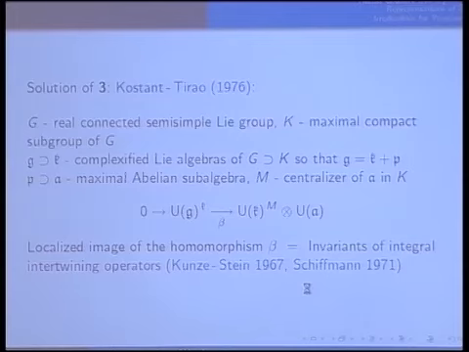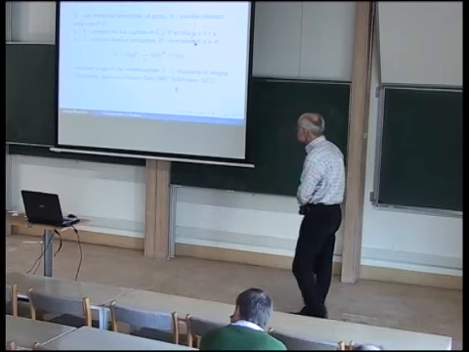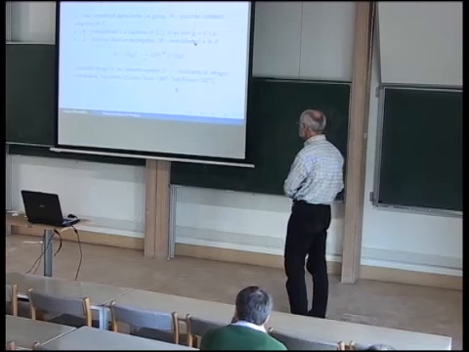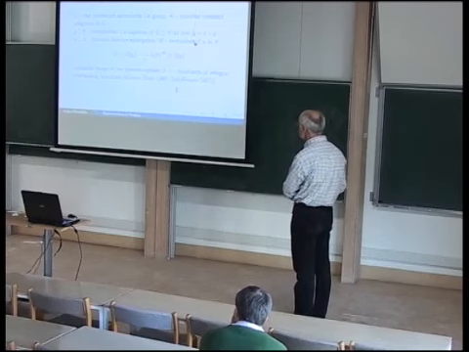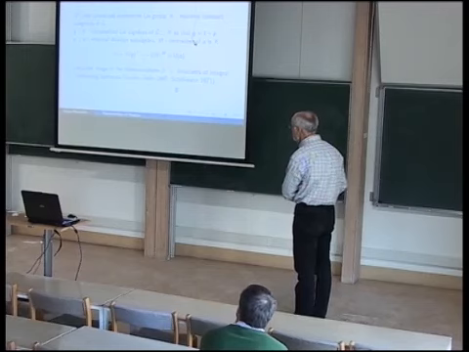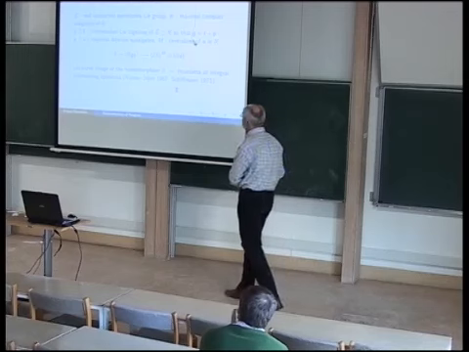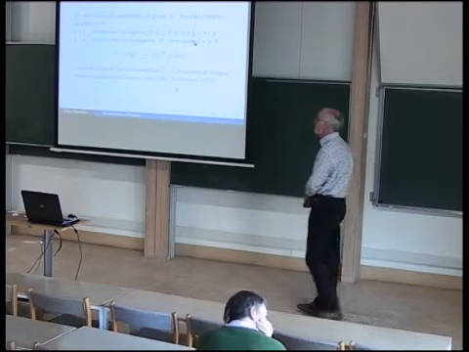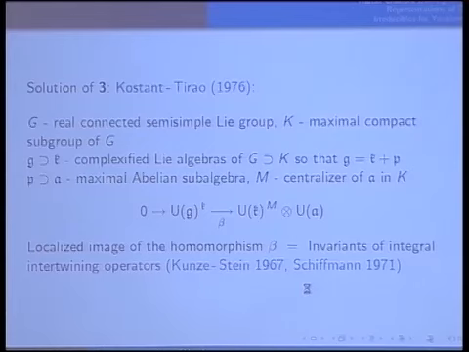We choose a Cartan decomposition of the Lie algebra g into a compact subalgebra and its complement, and take a maximal abelian subalgebra, and then we have a map. The statement of Constantin and Tirao was that the image of this map, after certain localization, coincides with the invariants of the intertwining operators by Knapp-Stein.